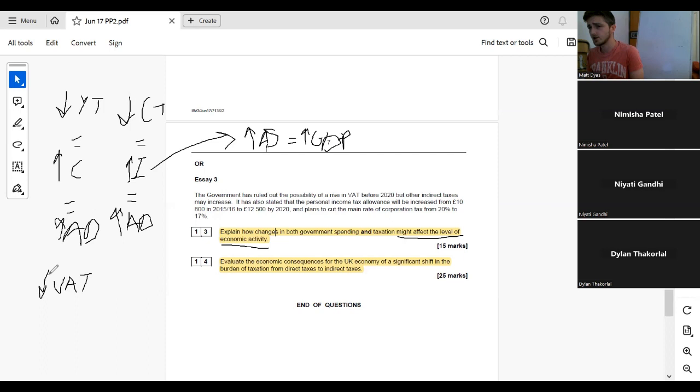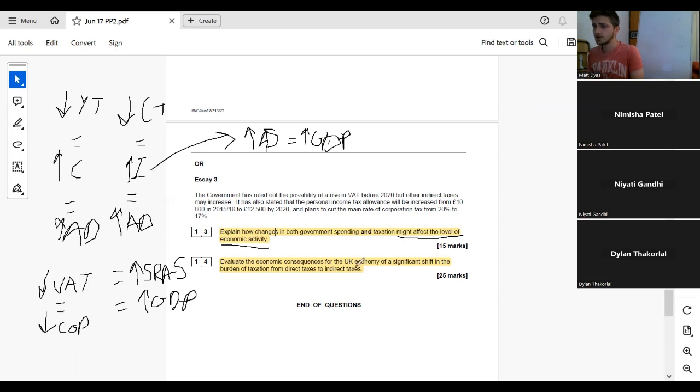Indirect taxes, which are the type you learn about in micro, shift aggregate supply in macro. So VAT is going to lead to decreased cost of production. And as we've discussed at length, this is going to lead to increased short run aggregate supply, and then increased GDP, and that's increased economic activity.